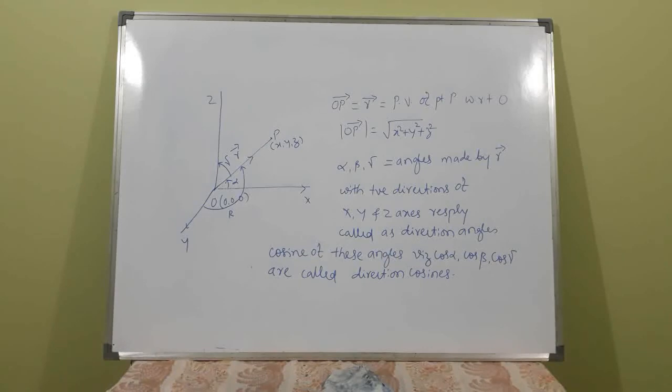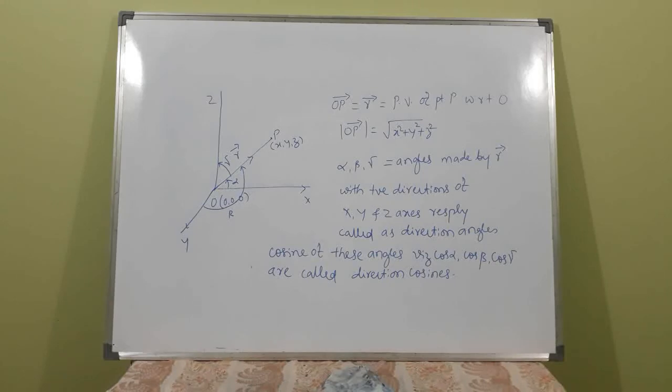Suppose it is denoted by vector R; that is called the position vector of point P with respect to O. Suppose AB is a vector, that is called the position vector of B with respect to point A. Since its coordinates are x, y, z, the magnitude of OP is given by the square root of x square plus y square plus z square.